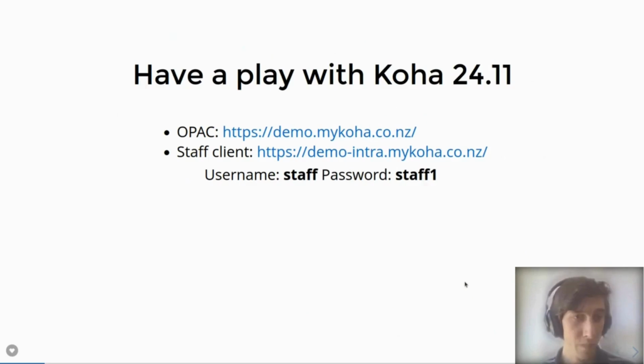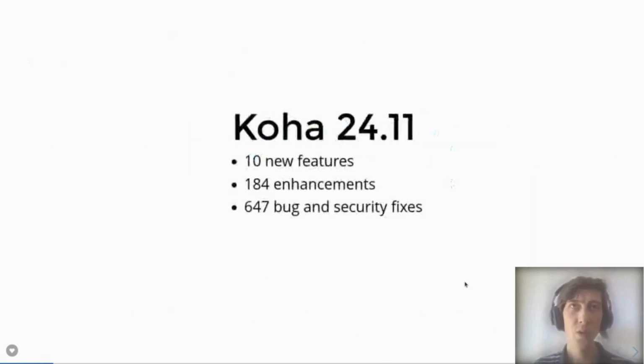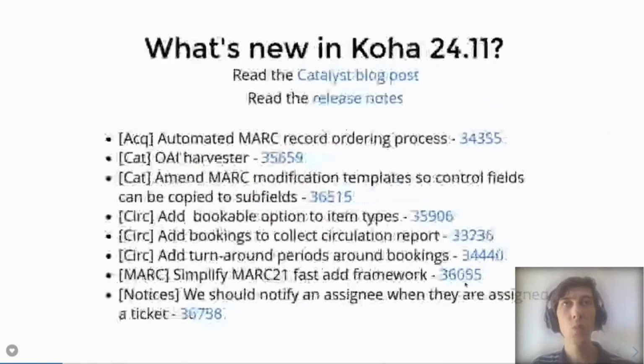So 2411 had 10 new features, 184 enhancements, and 647 bug and security fixes. So quite a few things there. And we are going to talk about all the different changes and enhancements on the slide here.